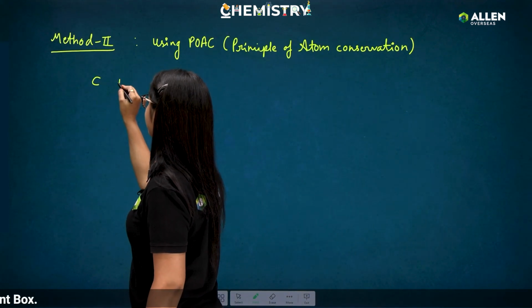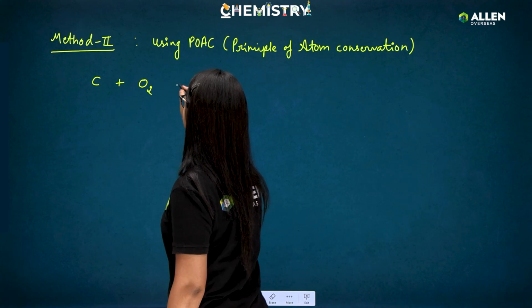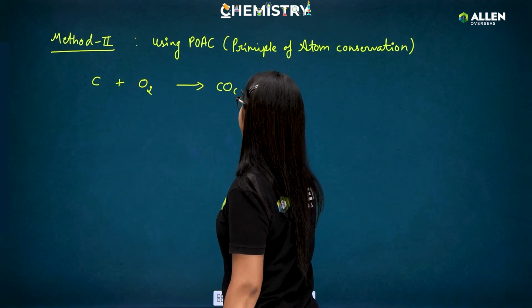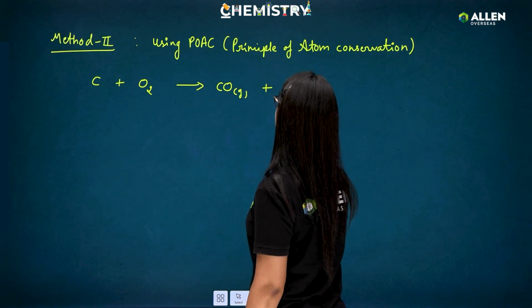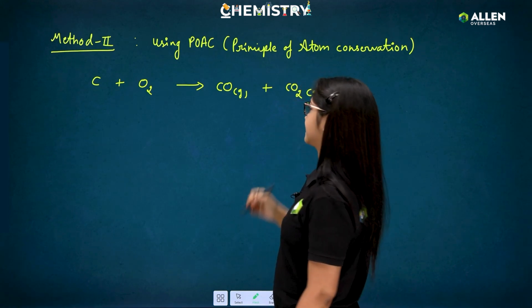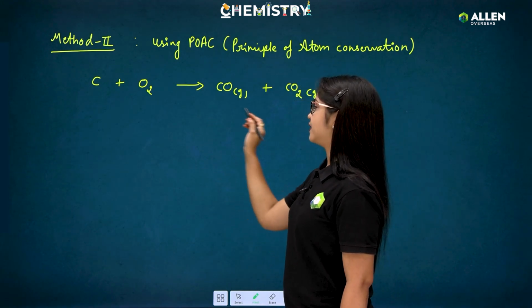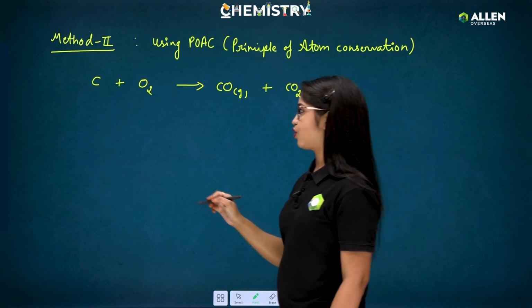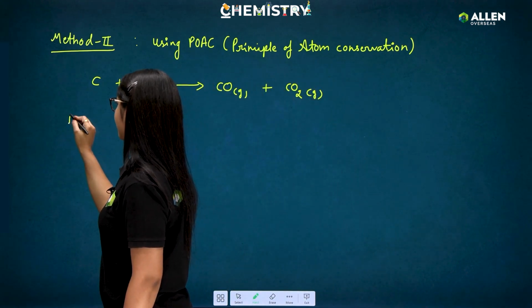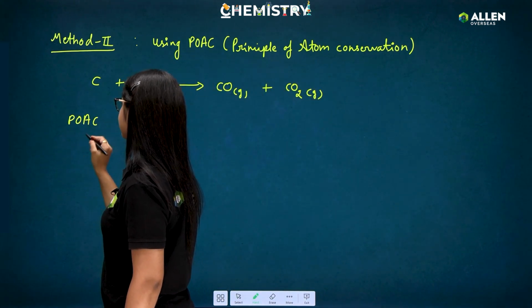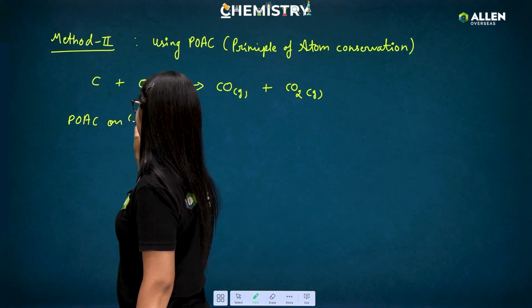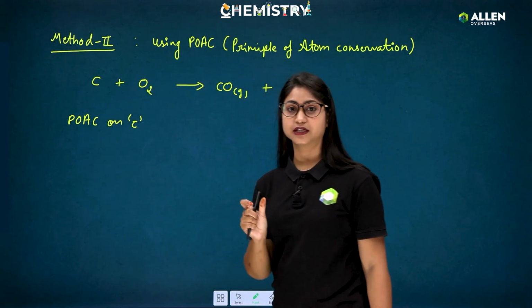We have carbon reacting with oxygen gas to form carbon monoxide gas and carbon dioxide gas. So we are going to apply the POAC concept on carbon as well as oxygen. First, on the carbon atom.